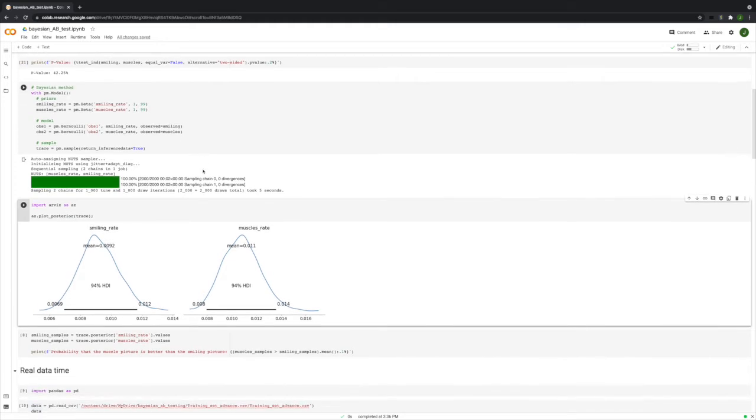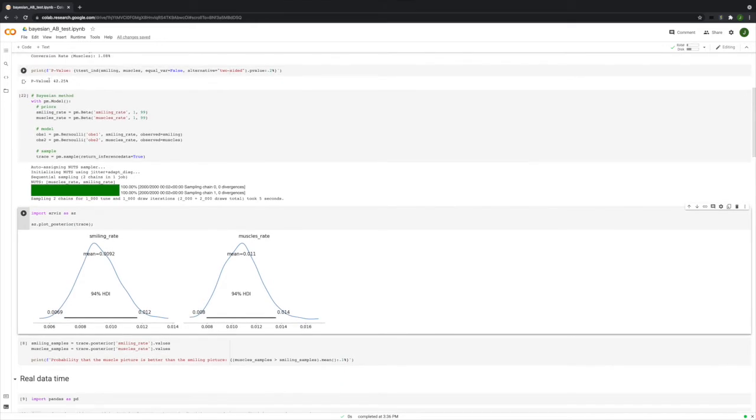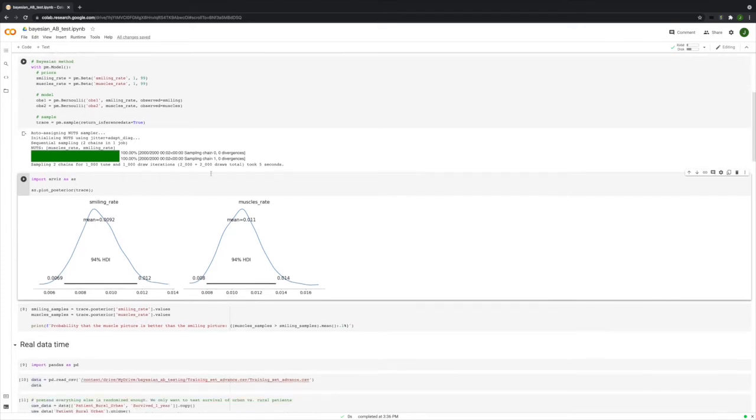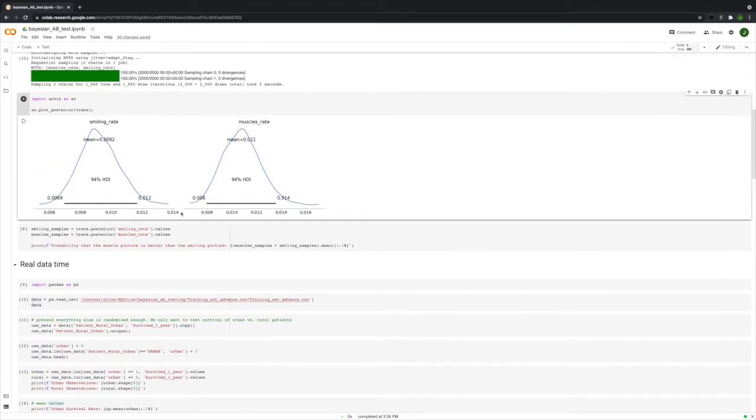So in traditional hypothesis testing, we couldn't really say much about the difference, but in Bayesian hypothesis testing, we can. And how we're going to draw those conclusions is we're going to look at the posterior. We're going to get our posterior samples for the smiling rate and the muscles rate, and we're going to look at how often the conversion rate for the muscle picture is higher than the conversion rate for the smiling picture.